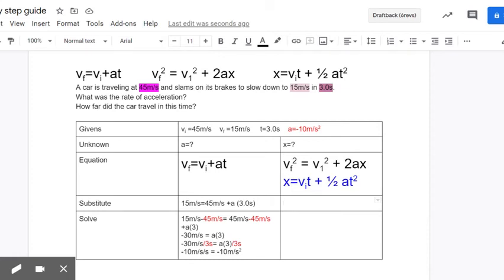So I'm going to start with the one that I left in black, and I'm going to solve using the VF squared equation. So I'm going to substitute in. My VF was 15. Sorry, I was in the wrong spot. My VF was 15.